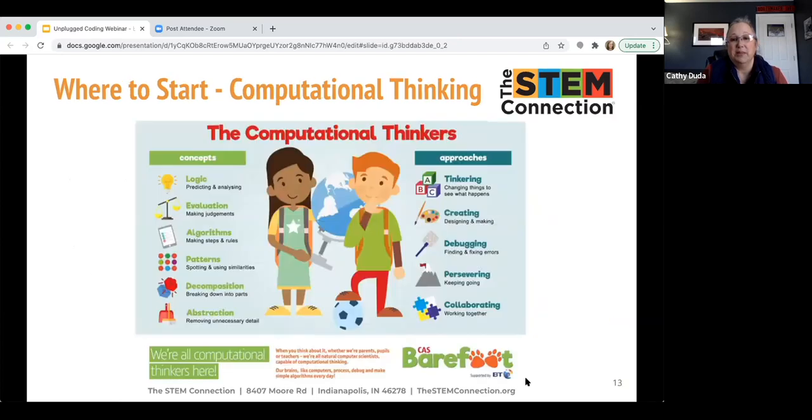So I was going to say about the step-by-step. I love this slide, the computational thinkers. So then you have the concepts on the one side and how they approach it on the other. So they don't even realize when they start thinking about changing, or what would happen if I changed it.